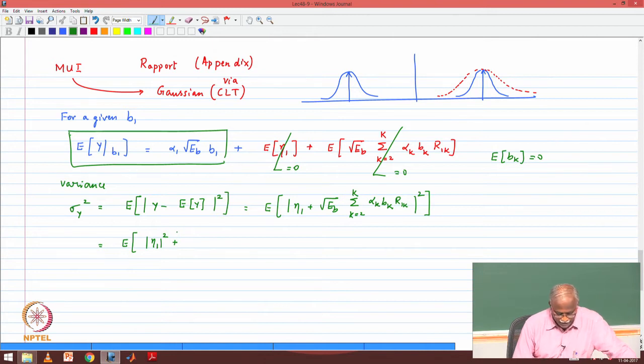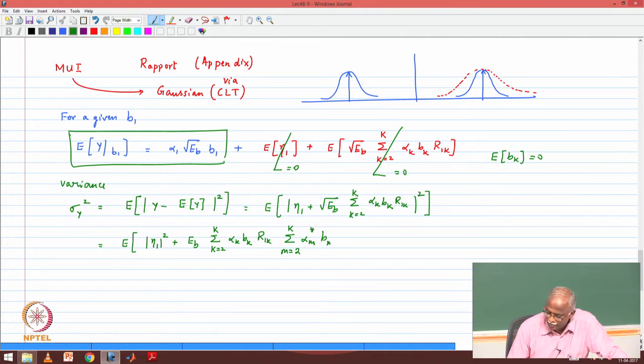The second one is the term with the conjugate of itself, so root EB gives me EB summation k equal to 2 to uppercase K alpha k bk r1k, summation m equal to 2 to uppercase K alpha m conjugate bm conjugate r1m conjugate.